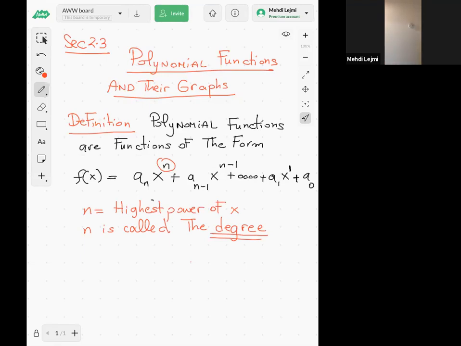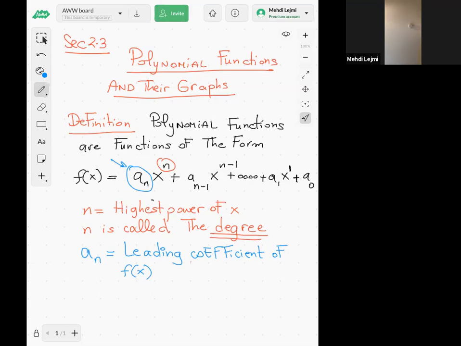Then in front of x to the power n, the highest power, there is this a subscript n. So this a subscript n is called the leading coefficient of f of x. It's the number in front of x to the power n.